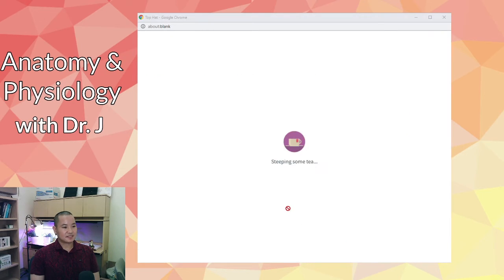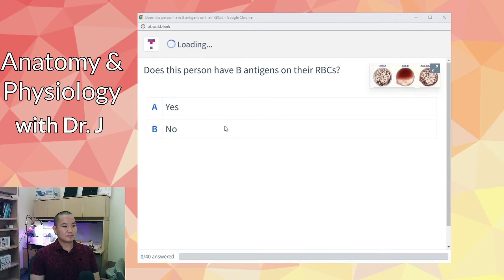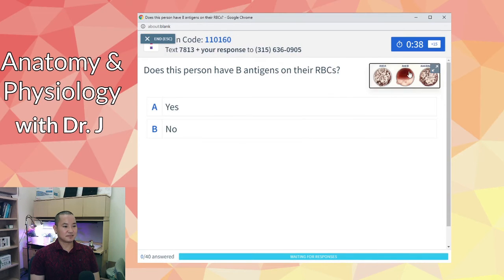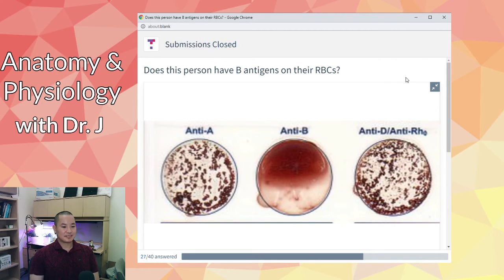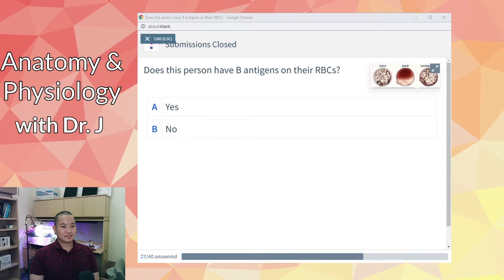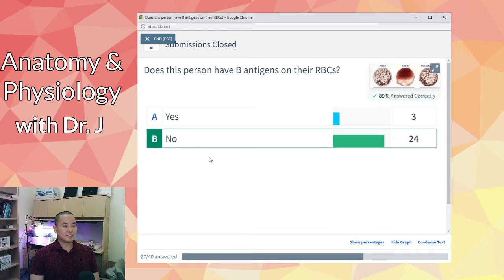Next question. Does this person have B antigens on their red blood cells? If you need a further hint, notice that the B reaction is totally different from the A reaction. Alright, let's see how people did. Most of you said no, and most of you are correct.